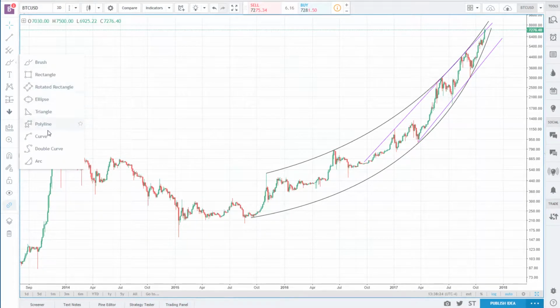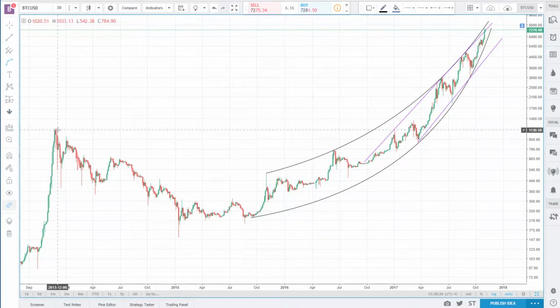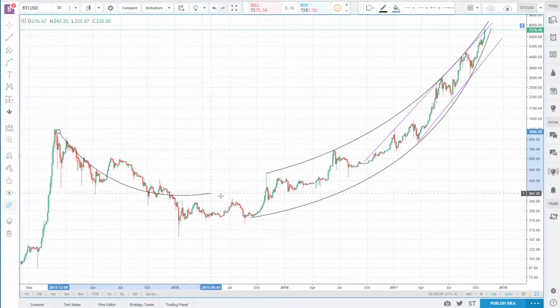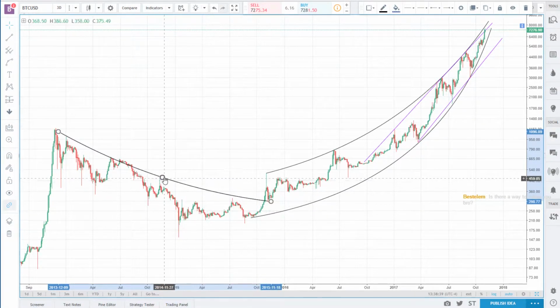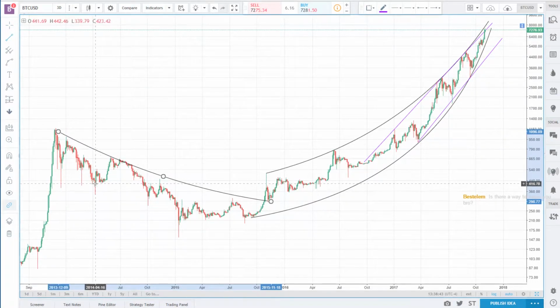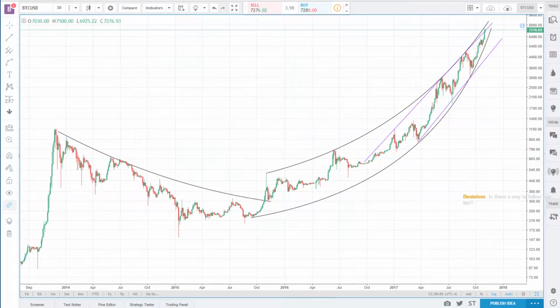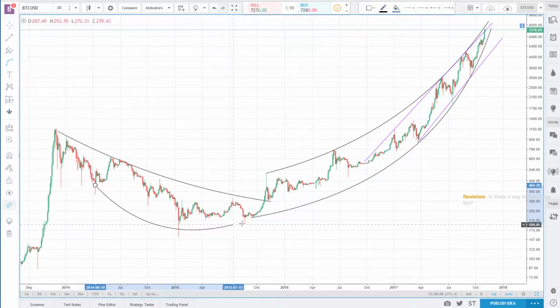If we look at this curve right here, we see that it abided by this parabolic curve in terms of its path back down to the bottom. Slight parabolic curve here, something like that. And we see it on the lower support, and then we see it on the support as well.